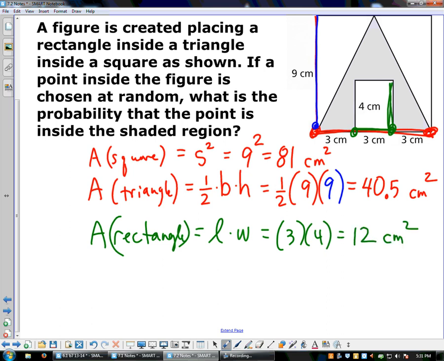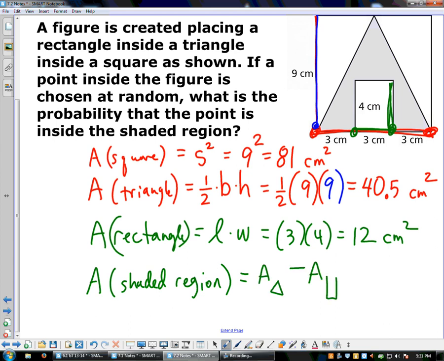Now, we're looking for the probability that the point is inside the shaded region. So we have to figure out what is the shaded region of this figure. Well, the whole triangle would have been shaded, but I've taken out this rectangle. So I'll take the area of the triangle minus the area of the rectangle.